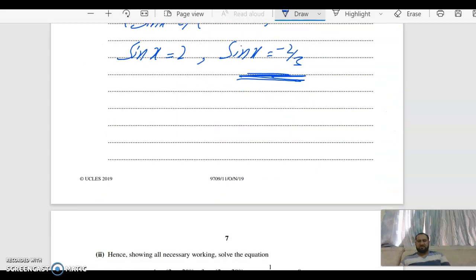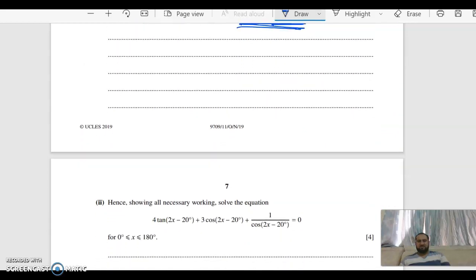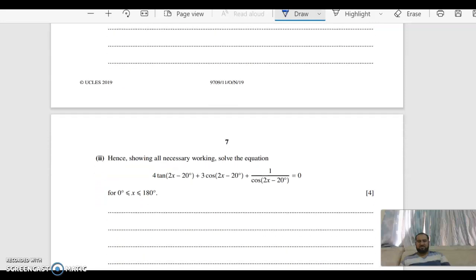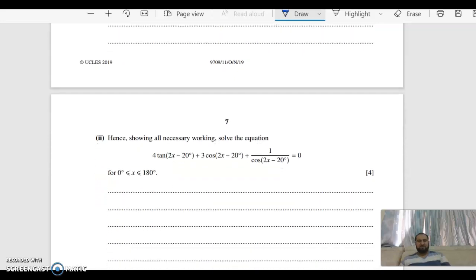This is exactly a similar question, but this time our previous x is equal to 2x minus 20. We just proved that sin x is equal to minus 2 by 3. So x in this case is 2x minus 20.